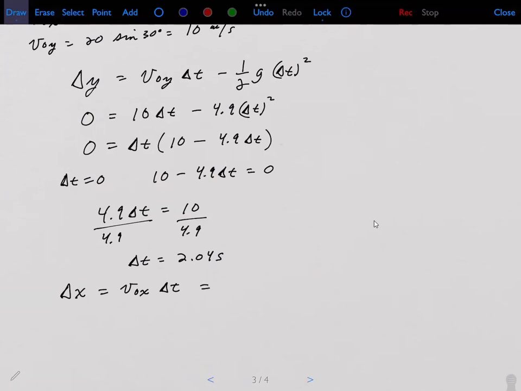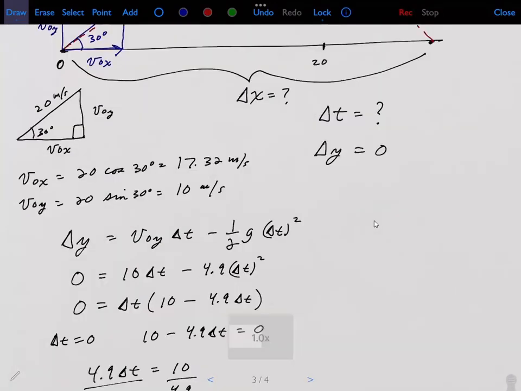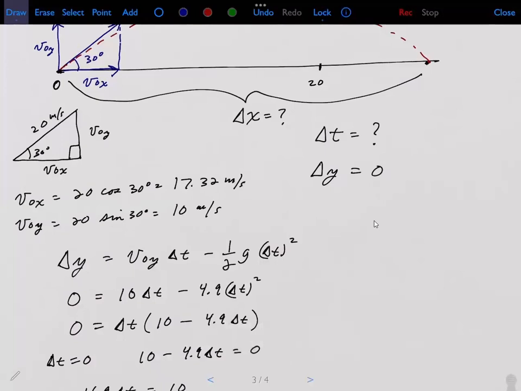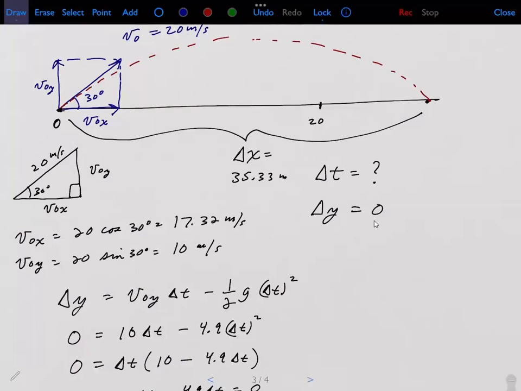So if I plug in v naught x was 17.32, and now I know delta t is 2.04, that's going to be like 35.33 meters. Okay, so now we know this, right? I can erase that question mark. This is going to be 35.33 meters.